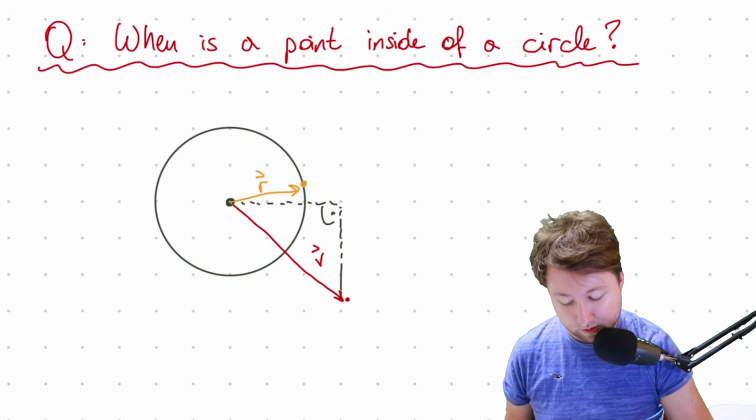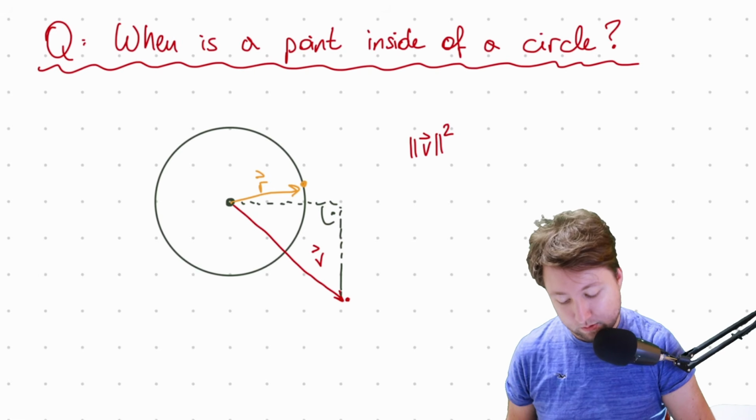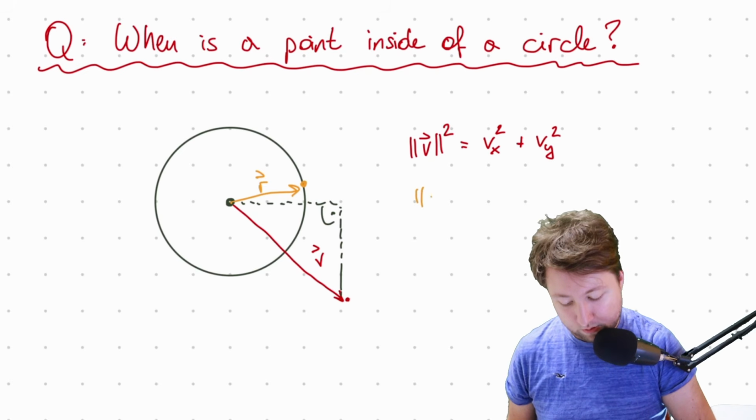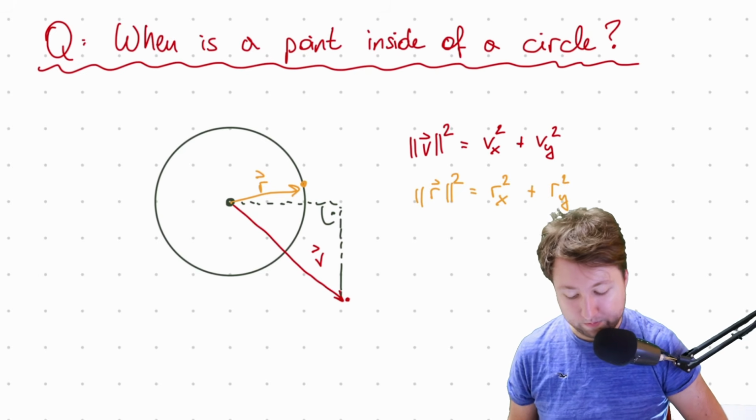So in this case, we would get that the square of the length of v is the x component of v squared plus the y component of v squared. And same for the radius. The square of the radius is the x component of the radius squared plus the y component of the radius squared.